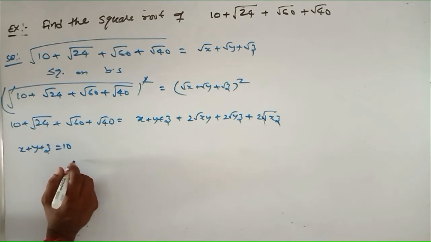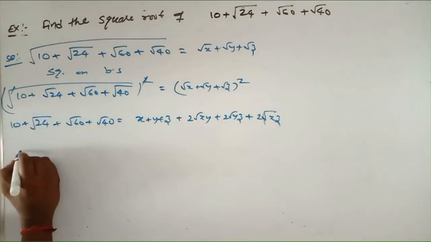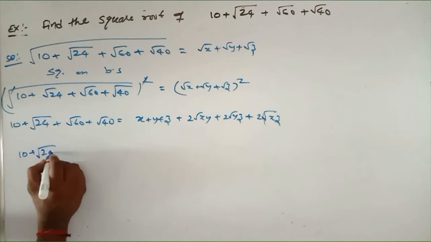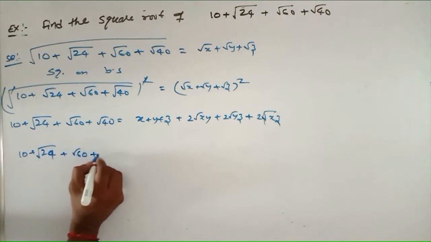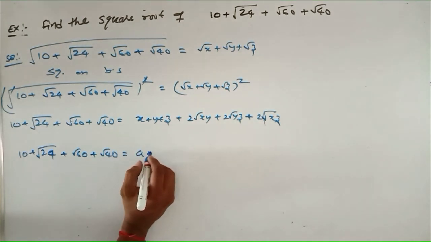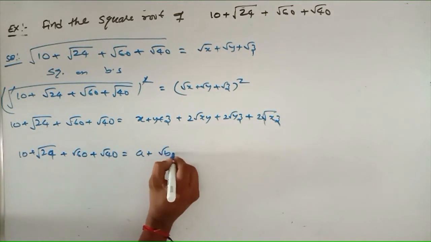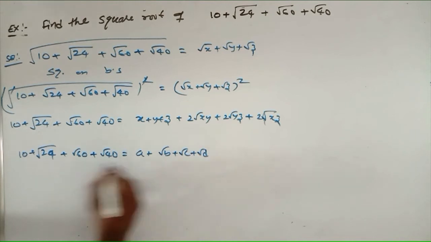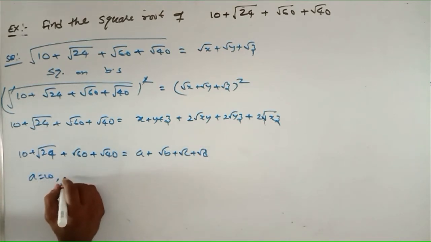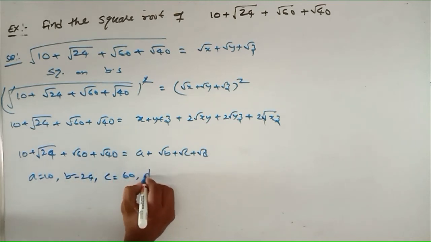And the next one is, now here I am comparing this with 10 plus root 24 plus root 60 plus root 40 is equal to a plus of root b plus root c plus root d, here a equal to 10, comma b equal to 24, comma c is equal to 60, comma d is equal to 40.